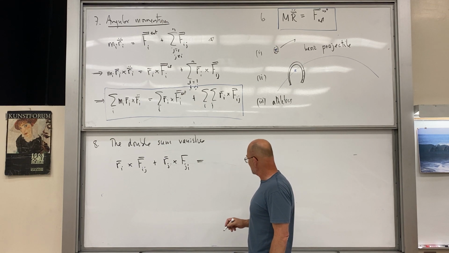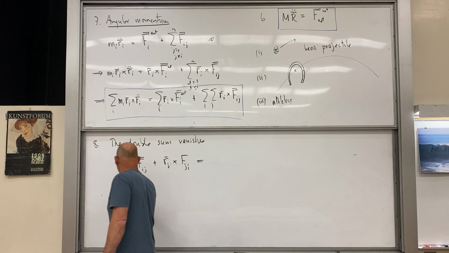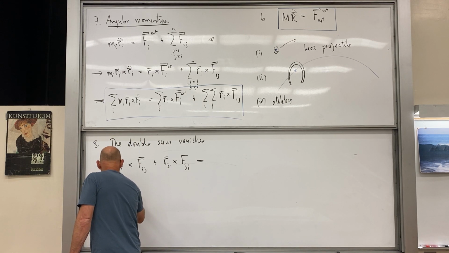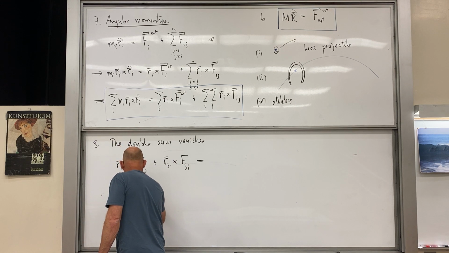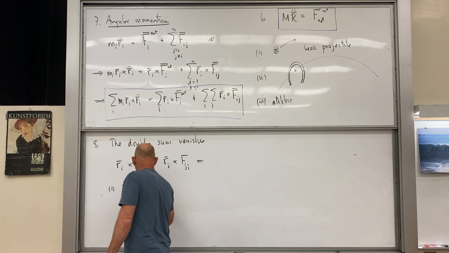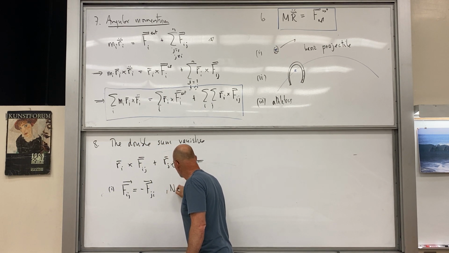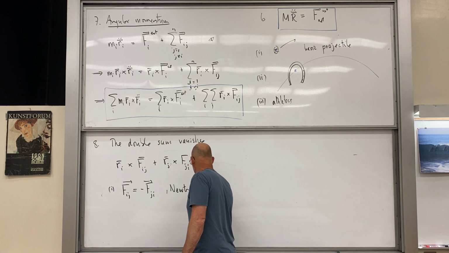So what's going on here is, first of all, we have Fij equal to minus Fji. So we're making use of Newton's third law again. Newton 3.